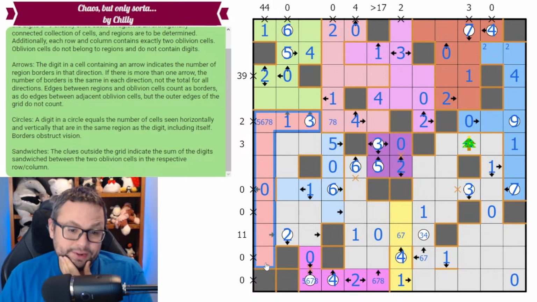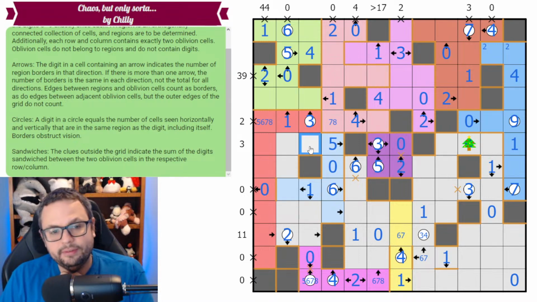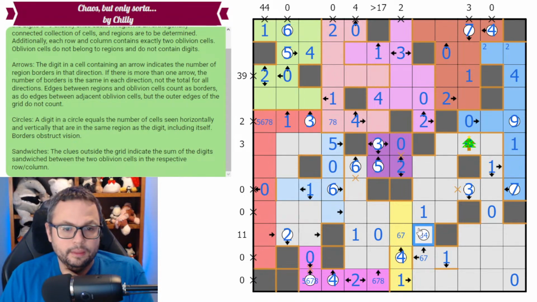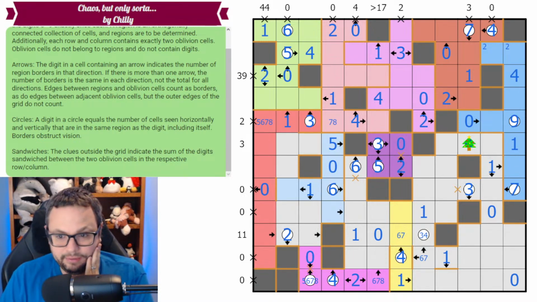There's 9 cells. So red only gets 1 more, which now means this. Oh no, sorry, that's not necessarily true. It is now circling, right. Sorry, right. So now it is circling right.